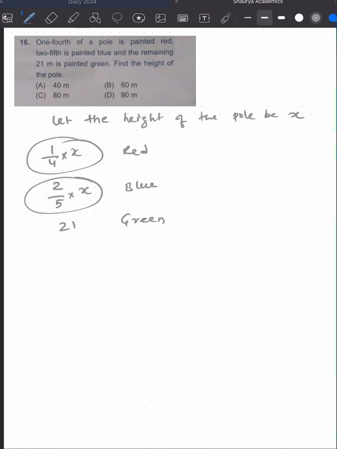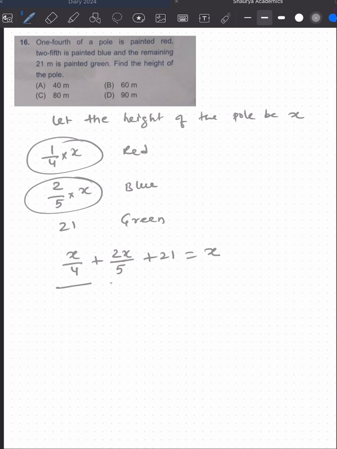Find the height of the pole, which means x/4 plus 2/5x or 2x/5 plus 21 is equal to x.